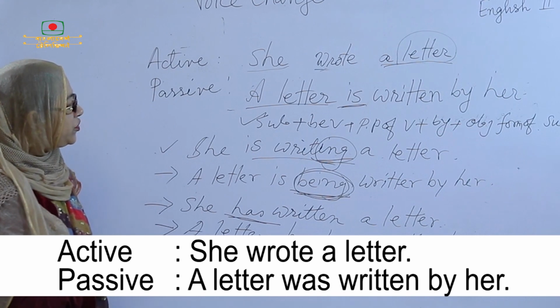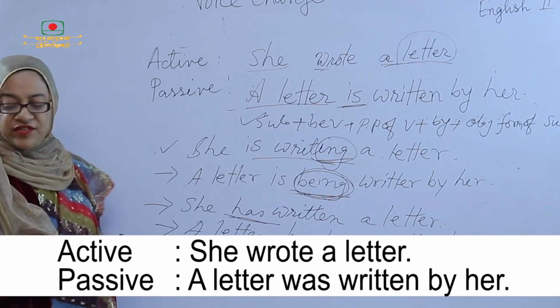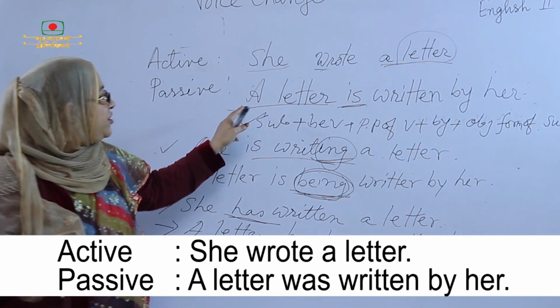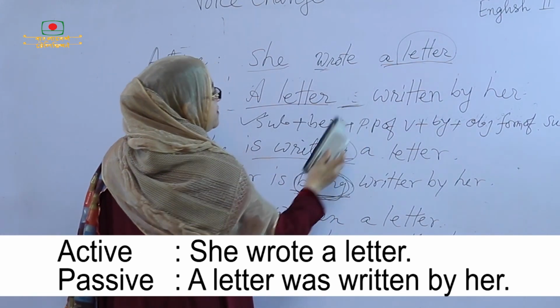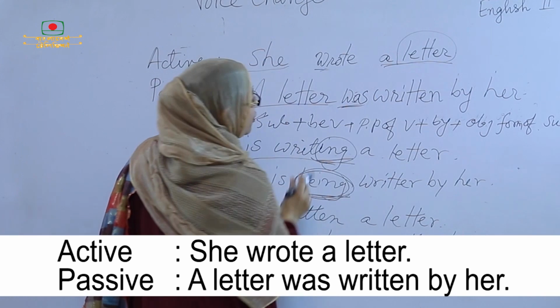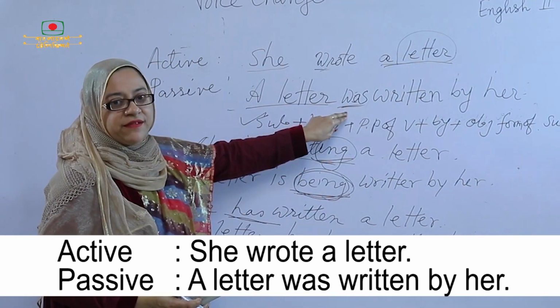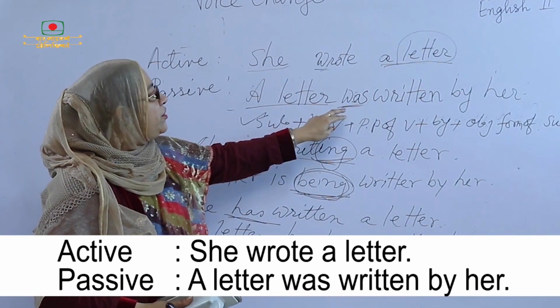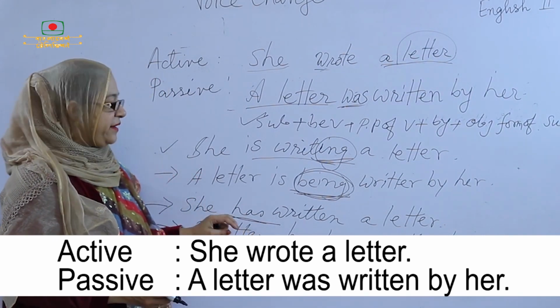How can I change it into passive? I only change to "a letter was", because "was" is the past form. I only change "was". A letter was written by her.